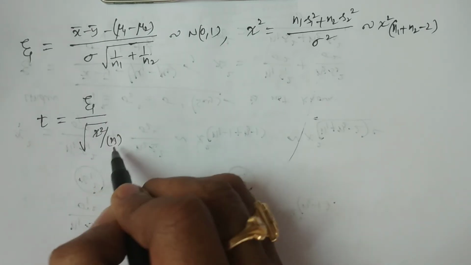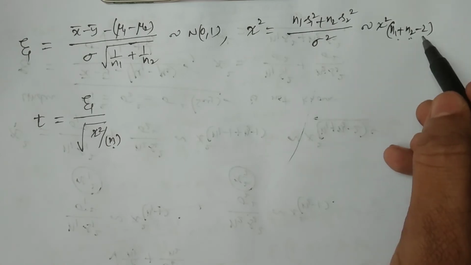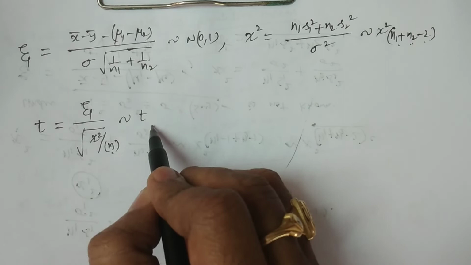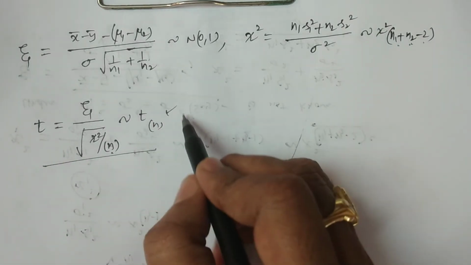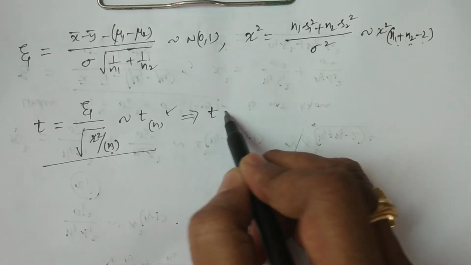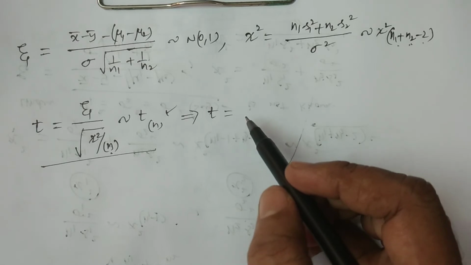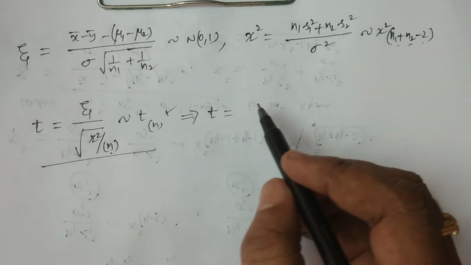If it is n, the degrees of freedom is n. Now the degrees of freedom is n1 plus n2 minus 2. So we consider that, which follows t with n degrees of freedom. That is the assumption to be considered. So the t is going to be the test statistic to consider the difference between the sample means.